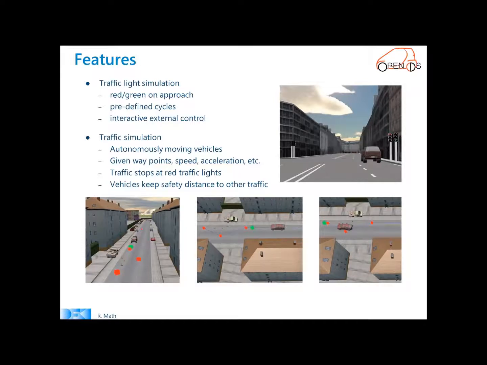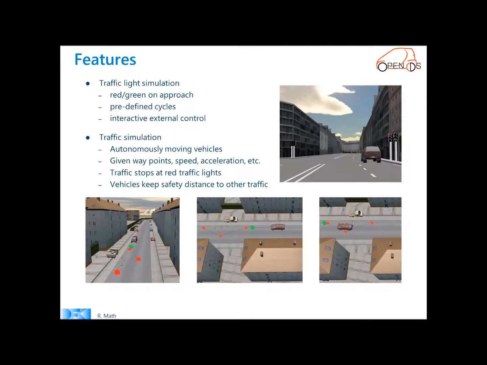For our traffic simulation, you see the 3 screenshots in the lower half. You can place waypoints. These would be the red boxes you could see there, and make the vehicle follow those. So there's a blue line connecting these boxes, and the vehicle will follow.